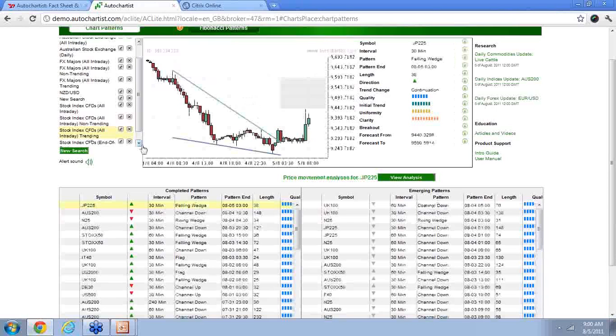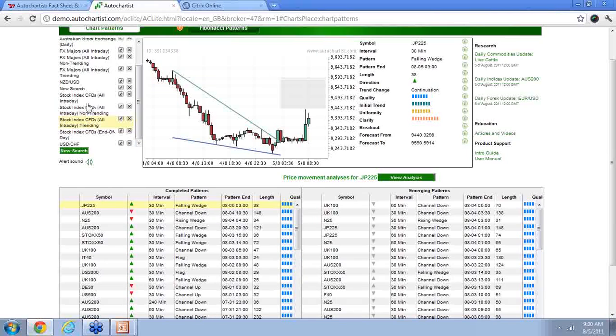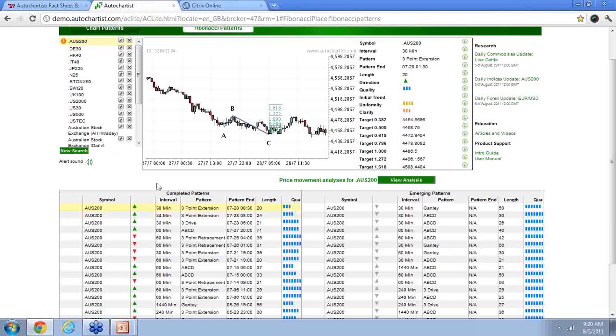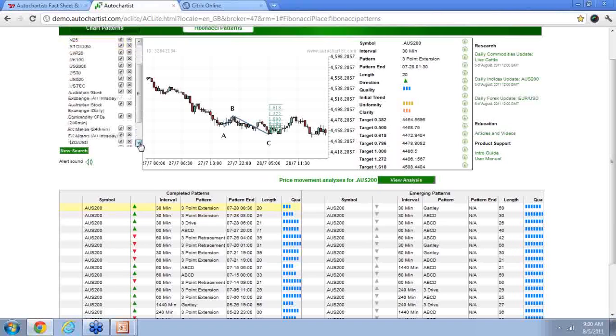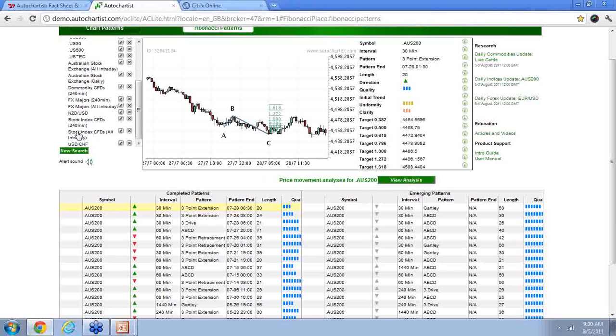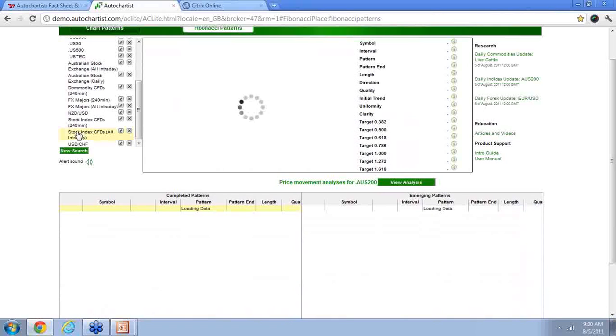So what I'm doing here is filtering between trending and non-trending to set up my universe, and at the same time, if I do see something taking place, I'm moving back into the Fibonacci section and looking to see if something is taking place in terms of these stock indices, to see if I am getting a breakout or some kind of retracement.